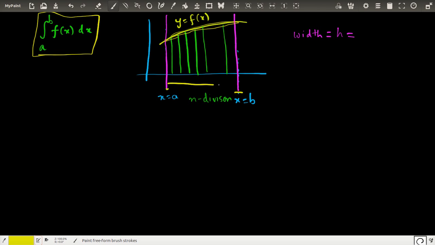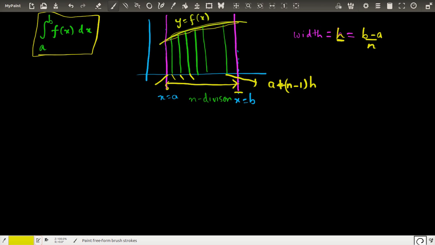From here to here it is b minus a, so if we divide this into n equal parts, the width of each division, let's call it h, would be (b minus a) upon n. So if this was a, this is a plus h, a plus 2h, a plus 3h, all the way till this will be a plus (n minus 1) times h.